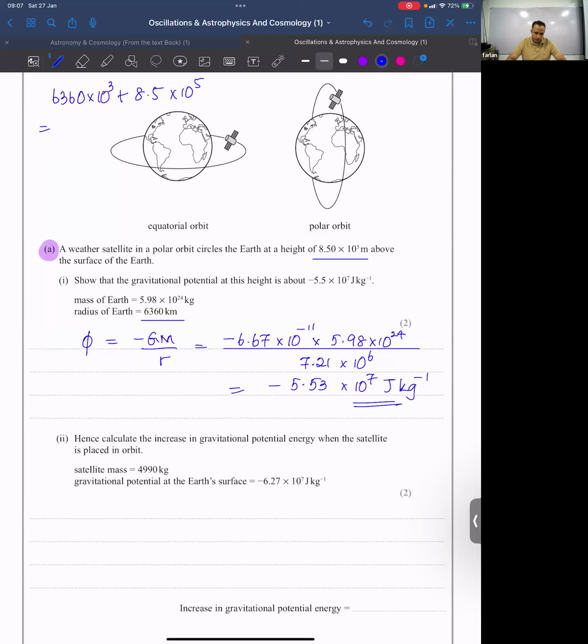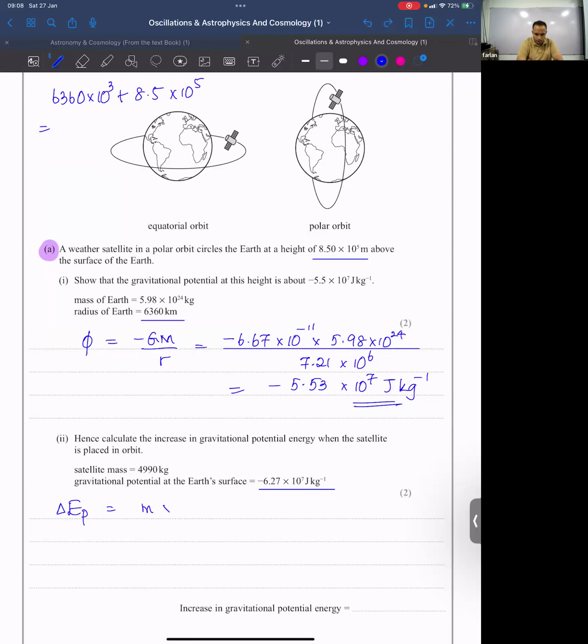Okay. Gravitational potential at the surface of the Earth is given. So when you lift it up, the change in the gravitational potential energy will be the gravitational potential difference multiplied by the mass, right? Do you agree with me? Correct.